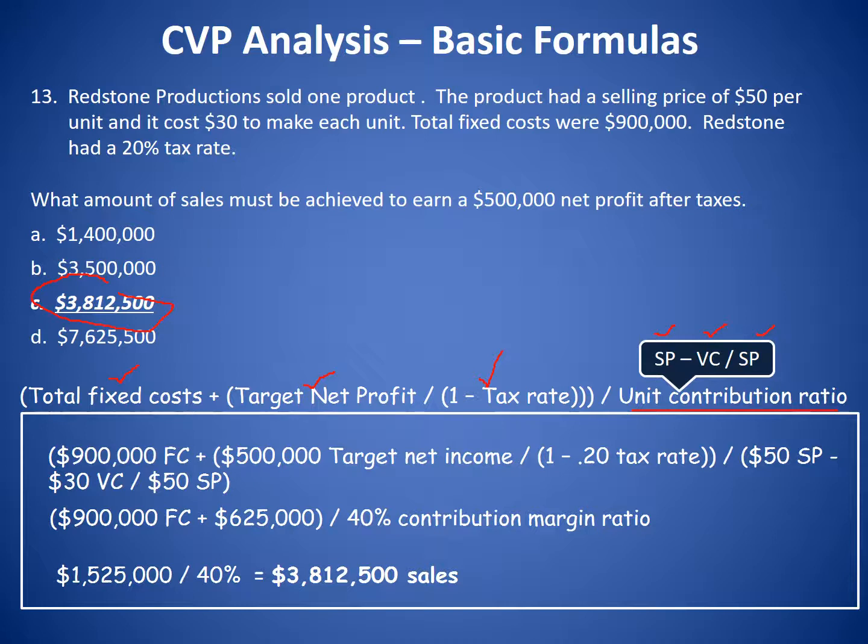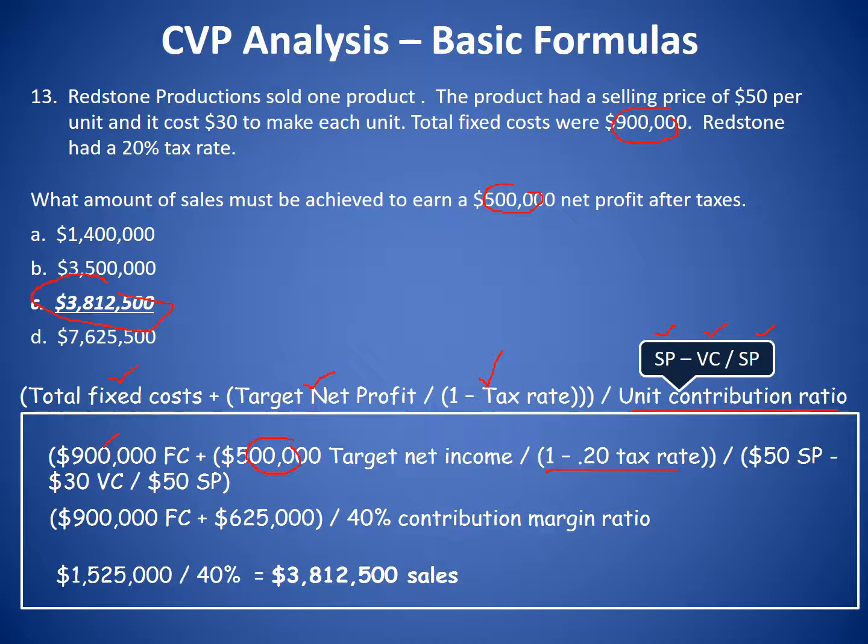So when we do that, we take $900,000 of fixed costs again. To that, we add our $500,000 of net income that we want to achieve, and we adjust it by our tax rate, so divided by 1 minus the tax rate, then divided by our contribution margin ratio, which is a $50 selling price minus the $30 variable cost divided by the $50 selling price.